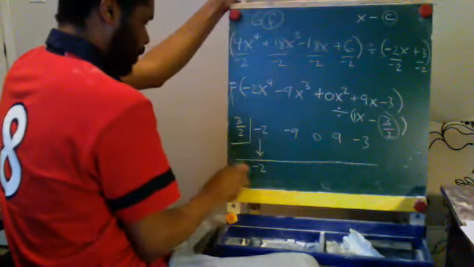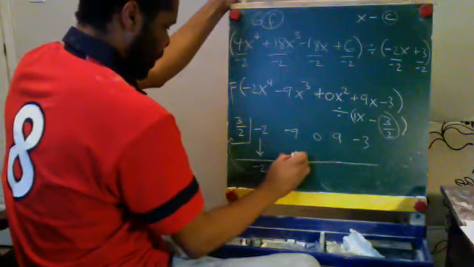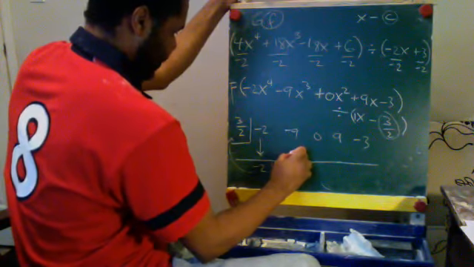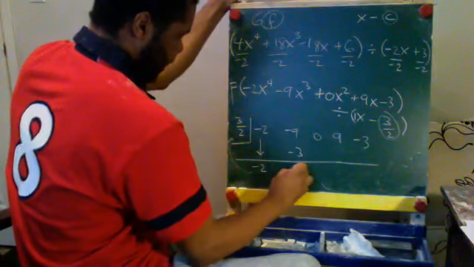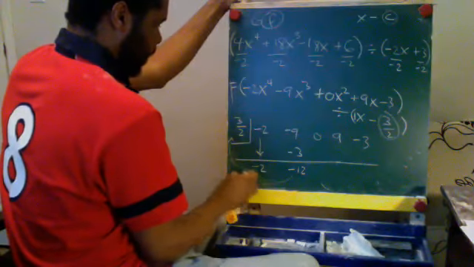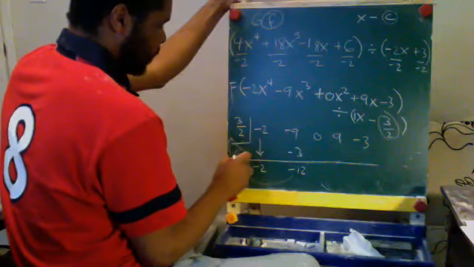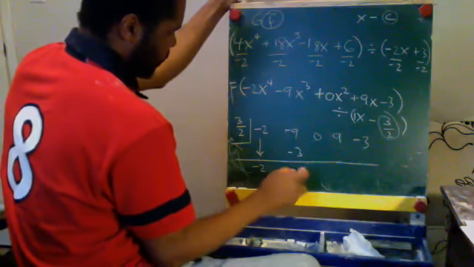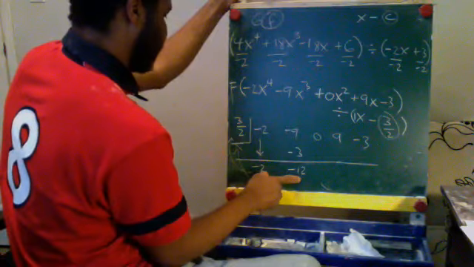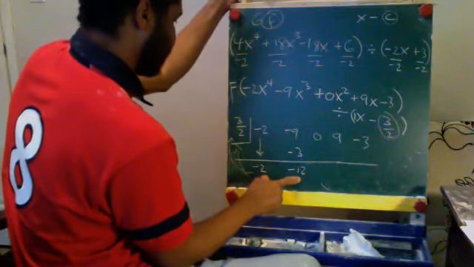And so -2 times 3/2 is going to be -3. And I add that, I'm going to get -12. -9 and -3 is -12. -12 times 3/2 is going to be 2 into -12 is -6.